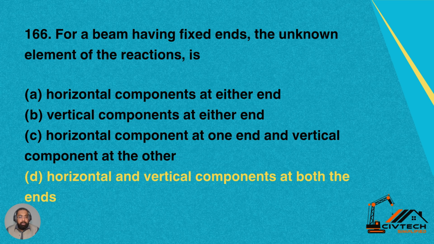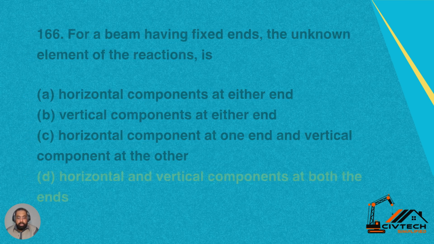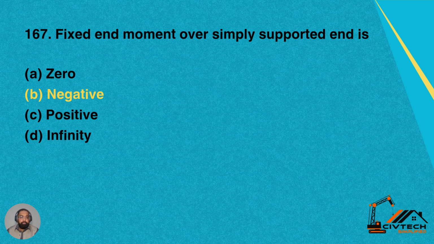So D is the correct option. For a beam having fixed ends, the unknown elements of reaction are horizontal and vertical components at both ends. D is the correct option.